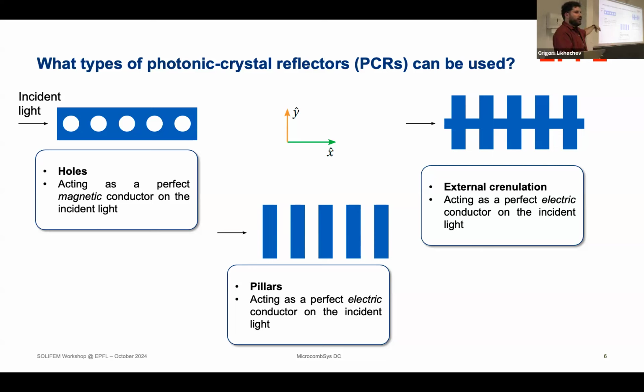So what about here? How do these mirrors behave? Are they perfect electric conductors? Are they perfect magnetic conductors? What you need to think about is where the maximum of the electric field is.